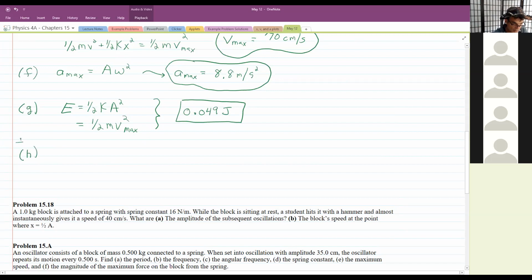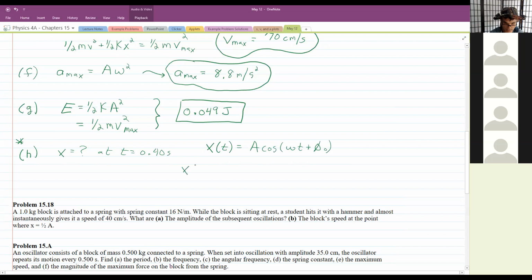And then last but not least, H. And this is a great part. You want to know what is the position at t equals 0.40 seconds. Now, how are you going to get the position? Well, I have a general equation for position as a function of time as A cosine of omega t plus the phase angle. I have A, I have omega, I have the phase angle.